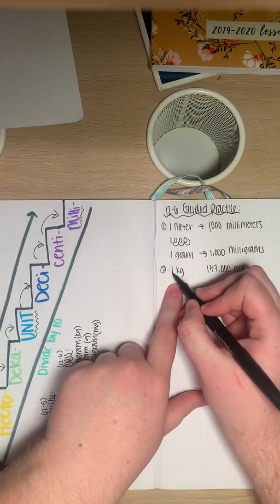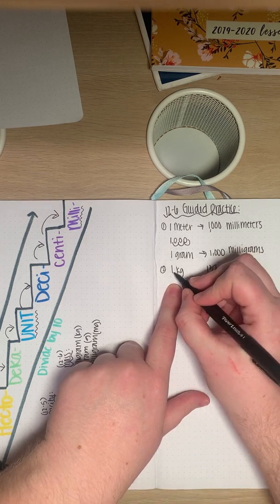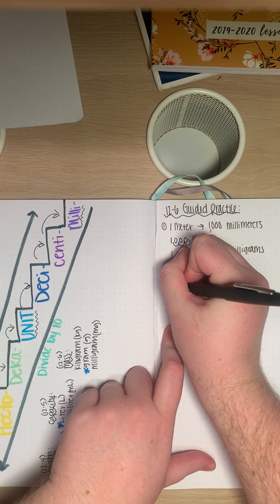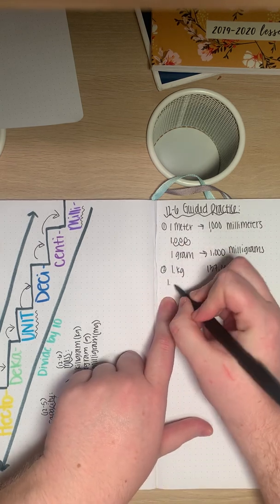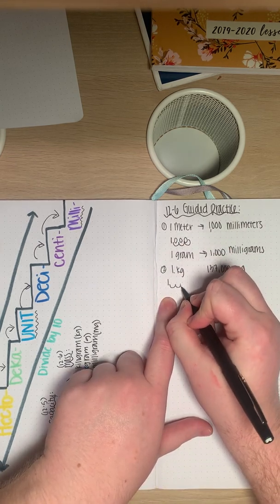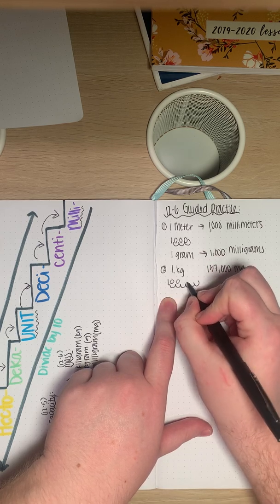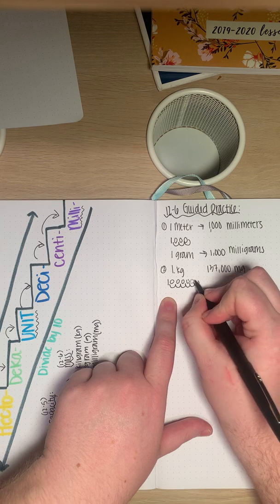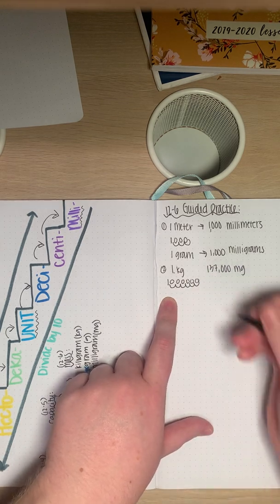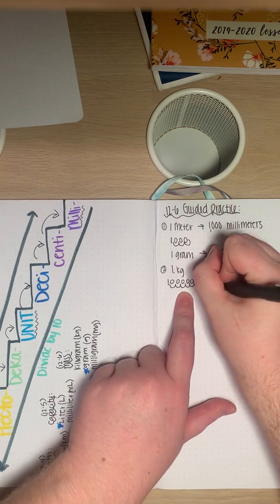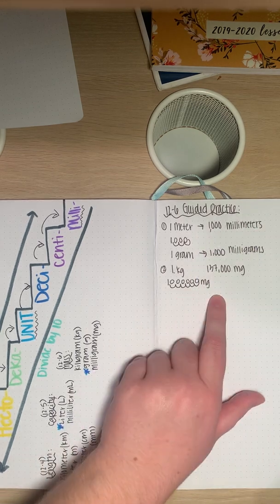So again, I have a solid 1, a whole number, so my decimal is behind or to the right. I'm going to move that down here. I'm going to count 1, 2, 3, 4, 5, 6, and I'm going to fill in my zeros. So 1 kilogram equals 1 million milligrams.